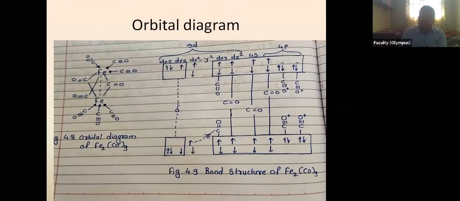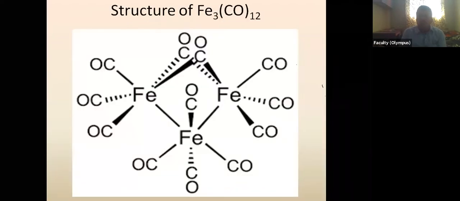Now there are two carbonyls remaining for your syllabus. There is the structure of Fe3(CO)12. There are two metal-metal bonds in this structure.